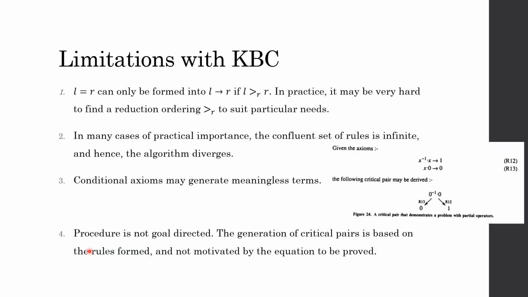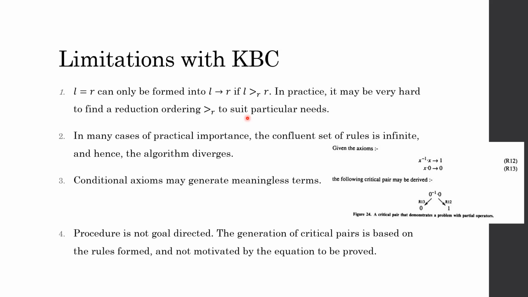So some limitations of this Knuth-Bendix completion: in practice, it's very hard to find a reduction ordering that suits the particular needs. There are some cases where the ordering may not be that obvious for you to see. Sometimes the length of the terms may not be so easy to order.